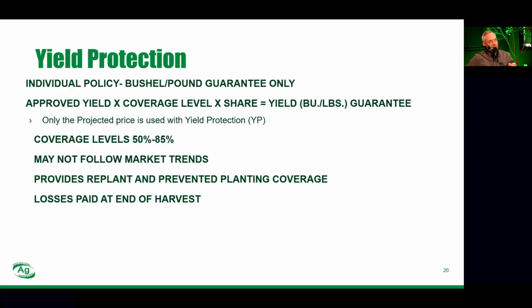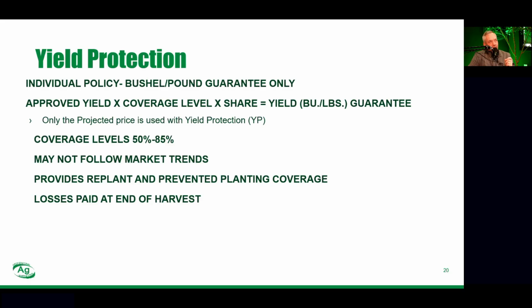Okay. So the way that works, we would take our approved yield, our APH, times that coverage level, kind of that 50 to 85% in 5% increments, times our share, right? So if we are a 50-50 share, or a 2/3 crop share, that would come into effect too. But our yield times coverage level times share is our yield guarantee, okay?